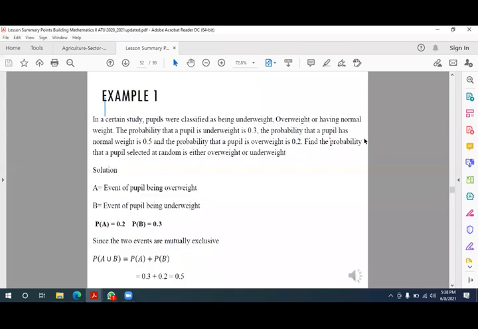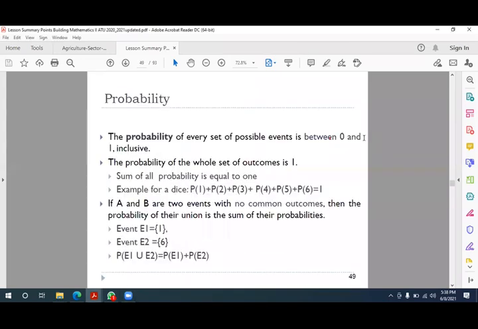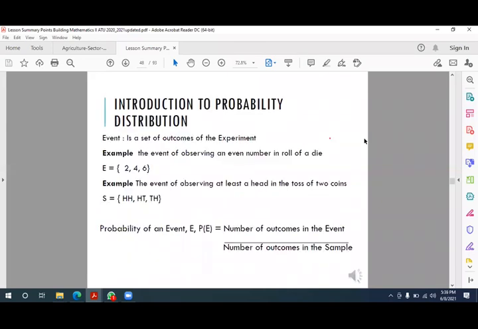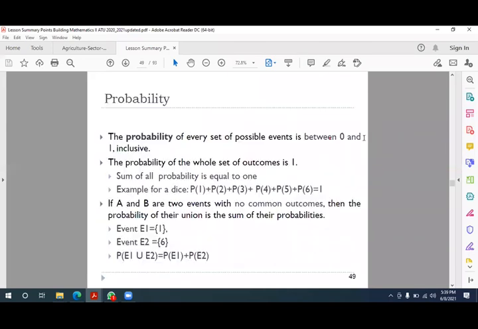Yeah. So the next thing we are looking at is the properties, or the axioms of probability. Now, the first thing we have to say is that the probability of an event always lies between 0 and 1.